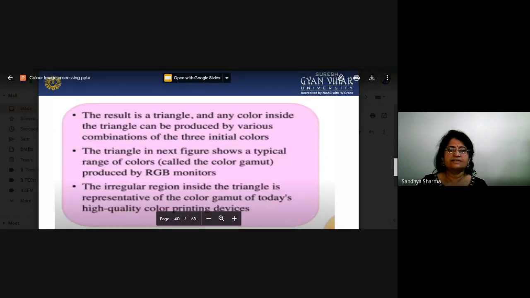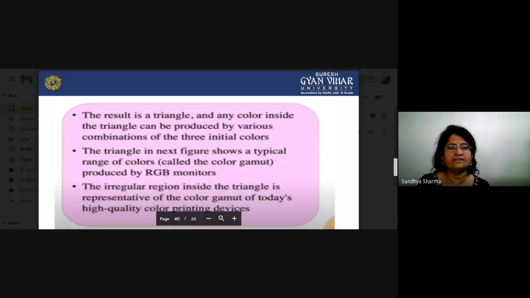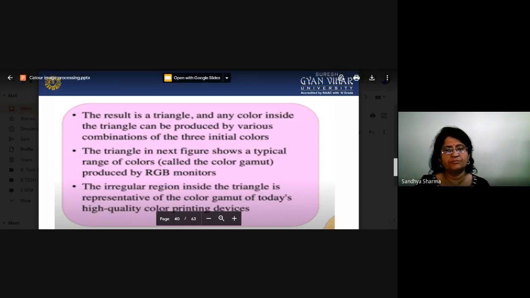The result is a triangle, and any color inside the triangle can be produced by various combinations of the three initial colors. The triangle in the next figure shows a typical range of colors produced by RGB monitors. The irregular region inside the triangle is representative of the color gamut of today's high quality color printing devices.